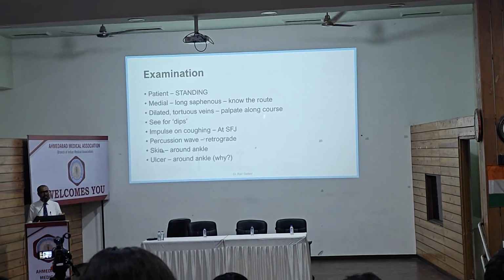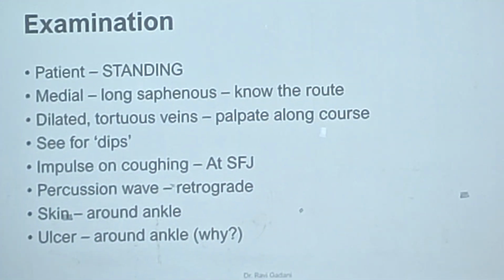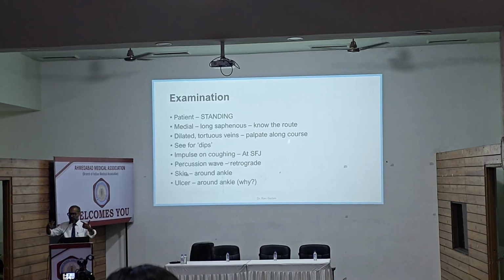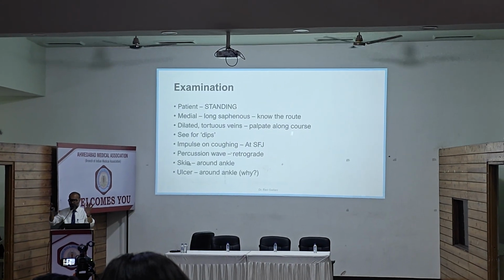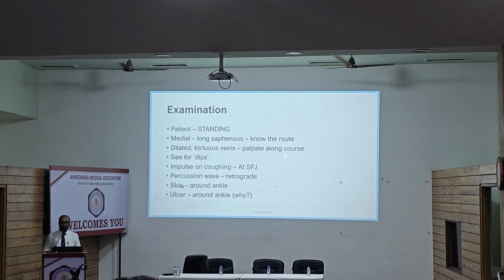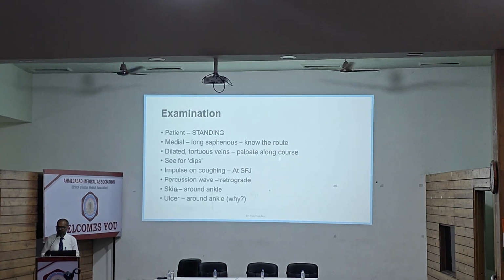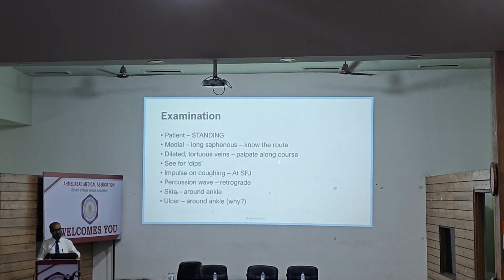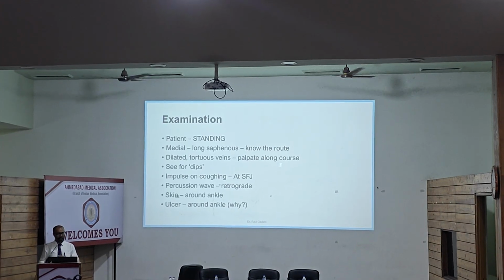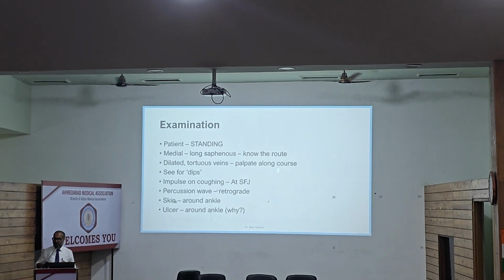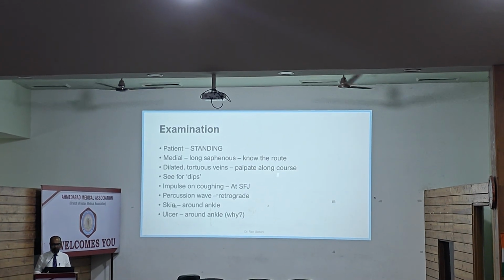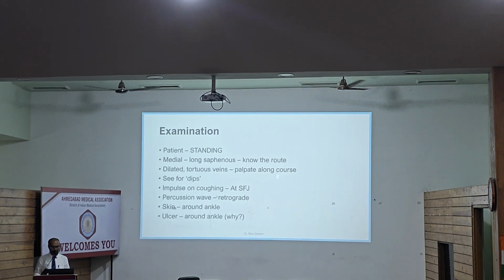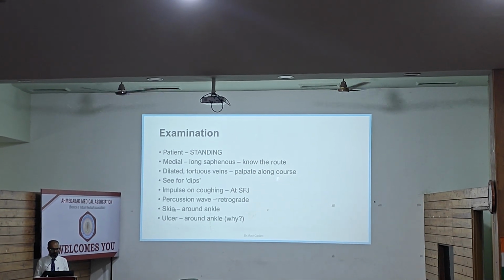Examination again, as I told you, is in standing position, and you have to say that you examined this patient in standing position. You don't assume it. Medially, you would of course know the course of the great saphenous vein: just behind the medial malleus, medial side of the leg and thigh, and it enters 2.5 centimeters below and lateral to the pubic tubercle, which is the opening of the saphenofemoral junction.